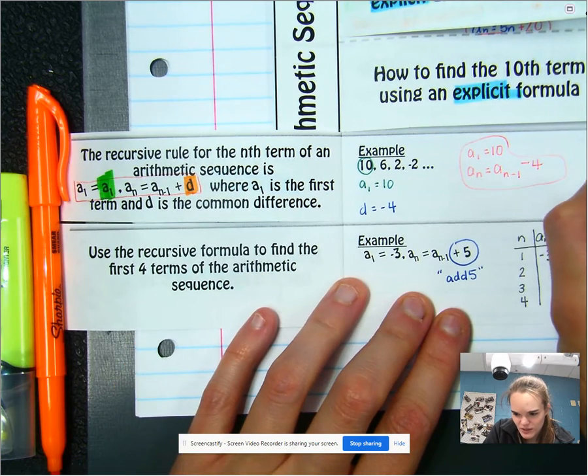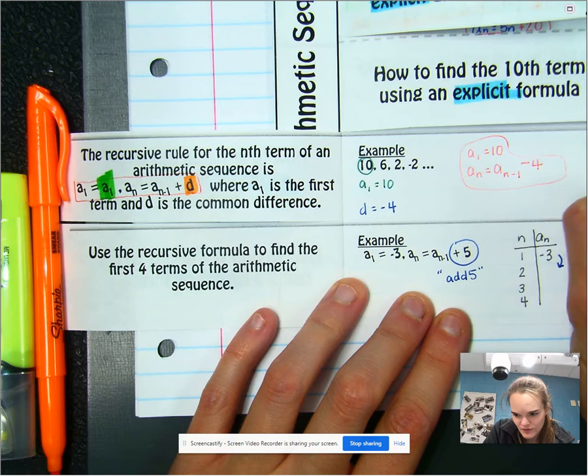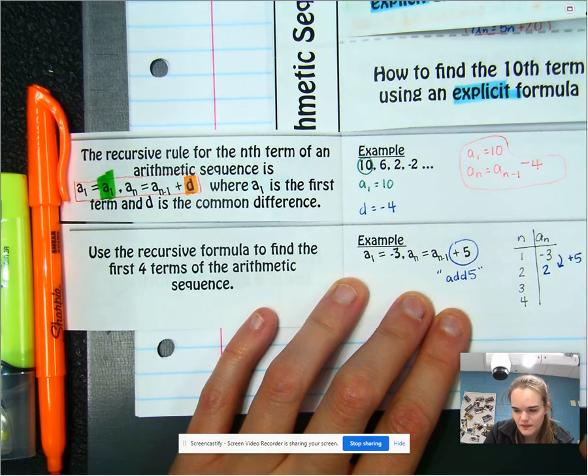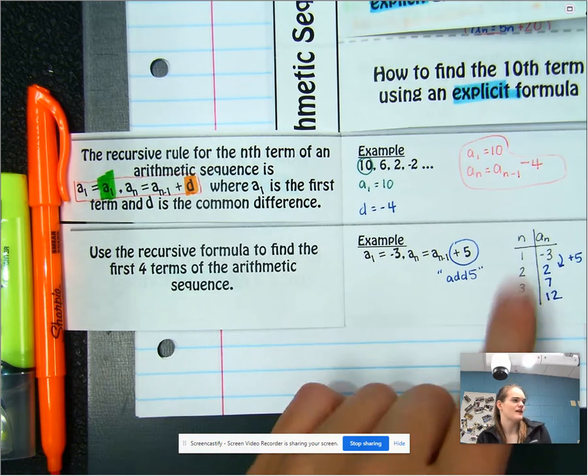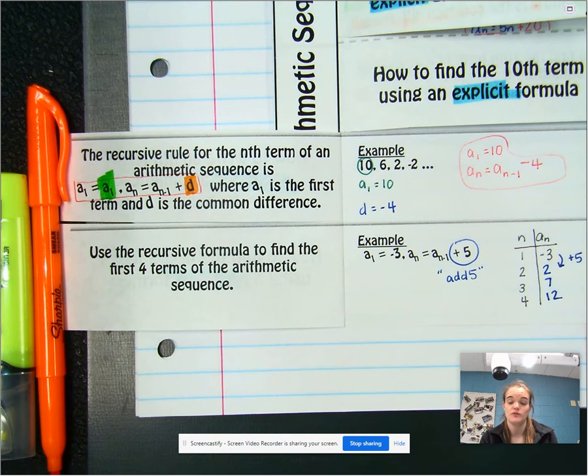So negative 3 plus 5 is 2. Then add 5 again, 7. Add 5 again, 12. There's how I find the terms in a recursive rule. In explicit, I plug it in. In recursive, I have to use the one before.